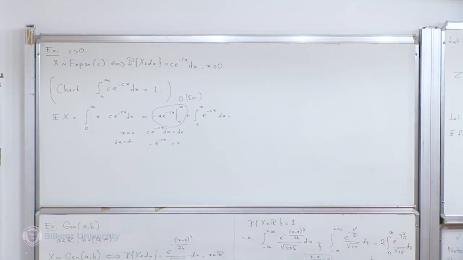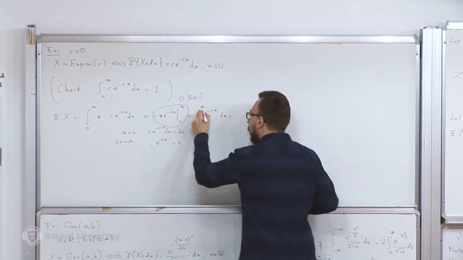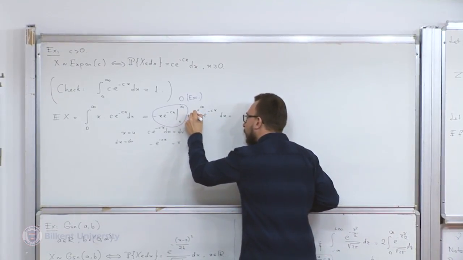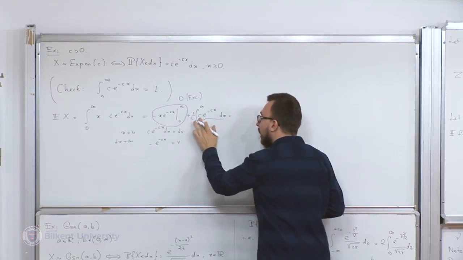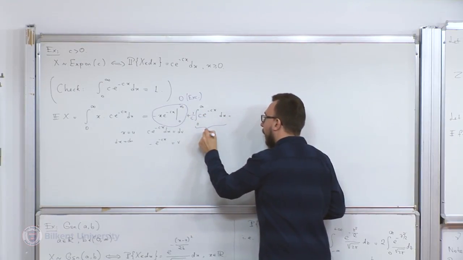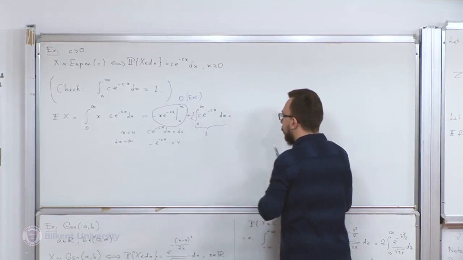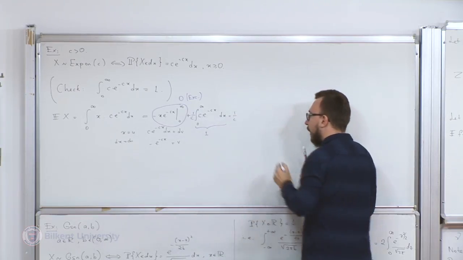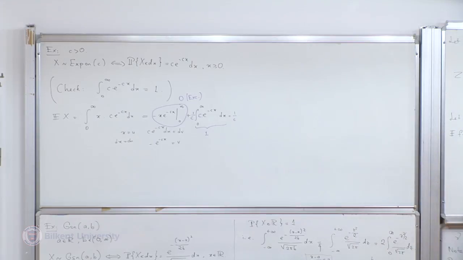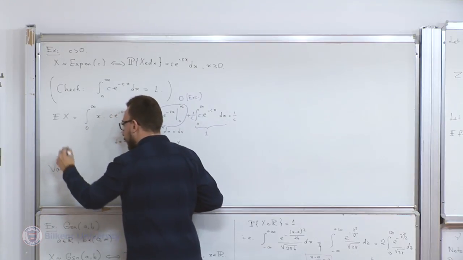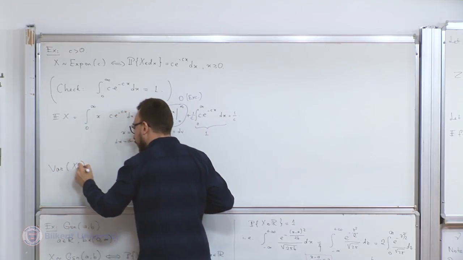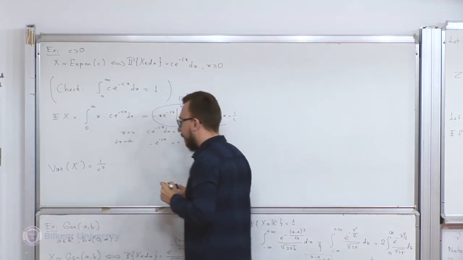Well, you can just integrate it, or here's what you can do: c times 1, and now this is a probability density function. So you know from 0 to infinity, this integral will give you 1. So the result is 1 over c. And you can do a similar calculation for variance. First the expected value of x squared, and then calculate variance. You're going to get 1 over c squared.